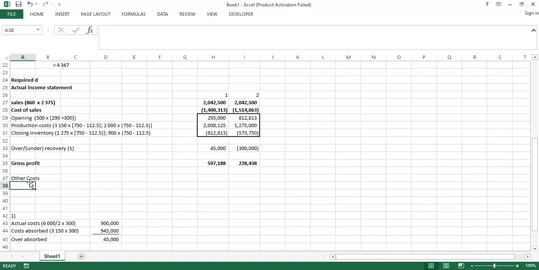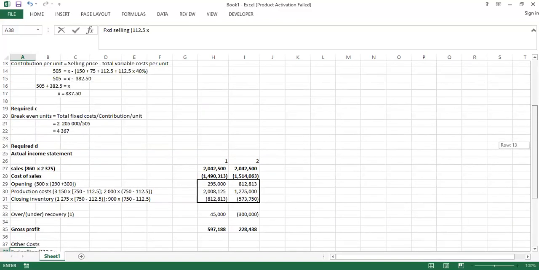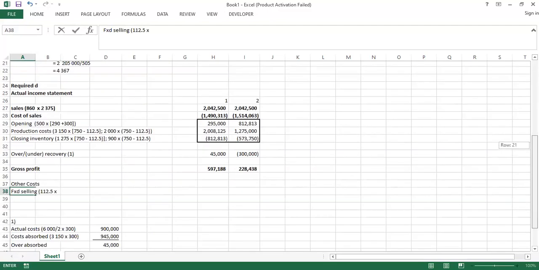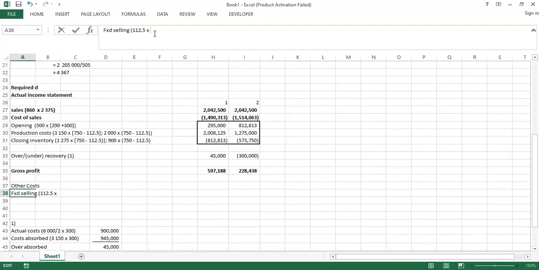So let's say fixed selling. That's fixed selling costs. All right, so the fixed selling costs are 112.5. Was it times, let's check on top here. I think the fixed were times 60%, right? Times 60%. And then, because it's fixed, we are multiplying by the capacity there.